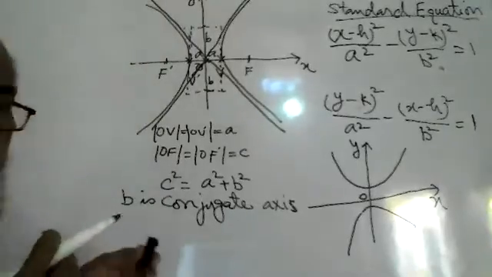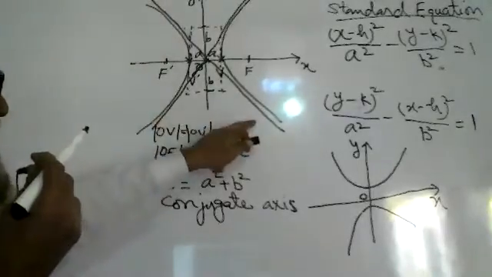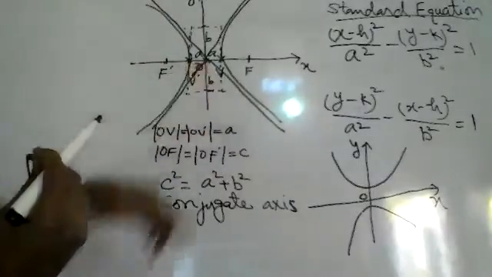These are the two lines. Both are intersecting each other at the center of the hyperbola.